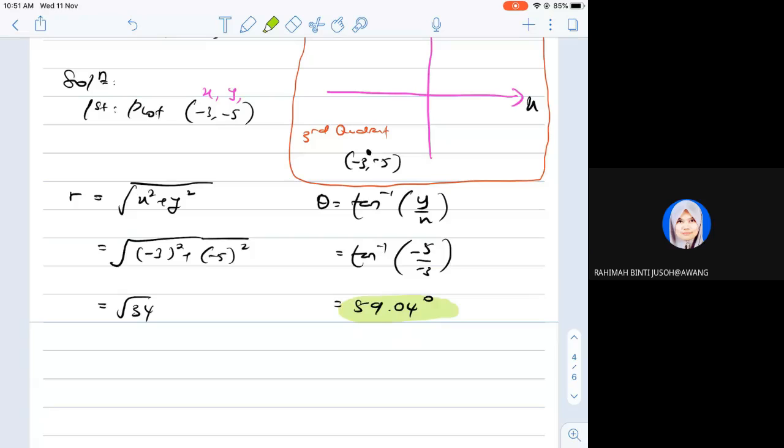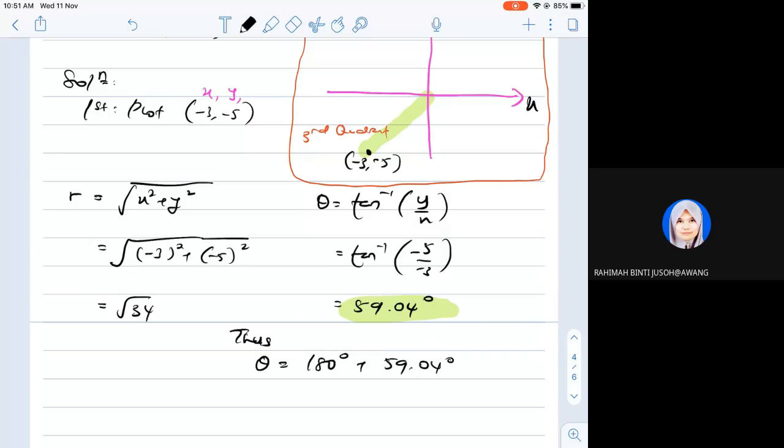Okay, your angle must be somewhere here in the third quadrant. So what should you do to get the angle? How do we find the angle? Plus 180. Yes, this angle should be 180 degrees plus 59.04 degrees.